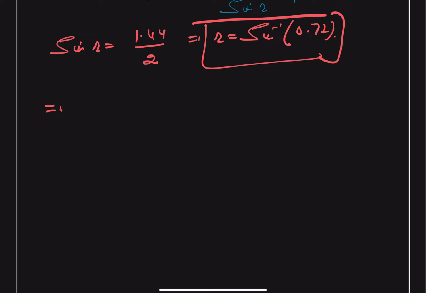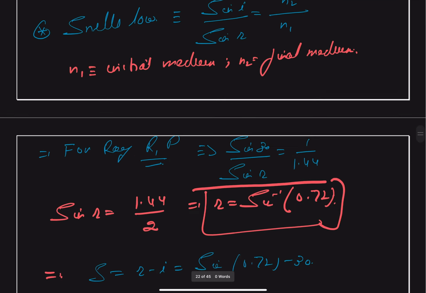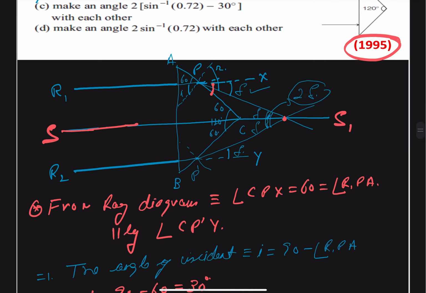So we can say that the standard formula is delta is equal to R minus I, which gives us sine inverse of 0.72 minus 30 degree, and let us call this angle theta. This angle is theta, so theta will be equal to twice of delta.